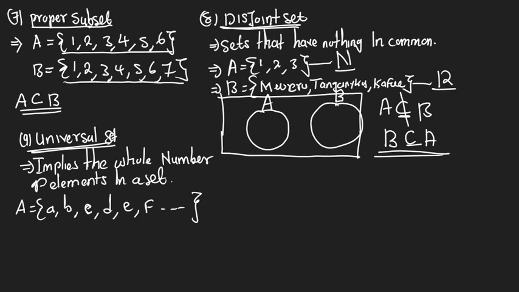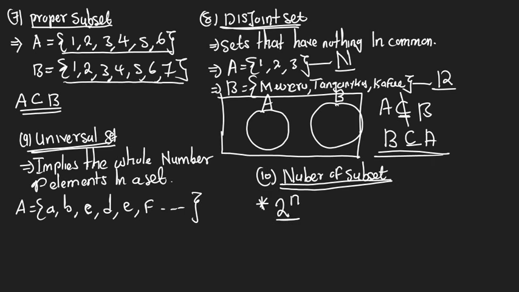Let's try to find the number of subsets. How do you find the number of subsets? Very important question. The formula to find the number of subsets is given by 2 to the power n.